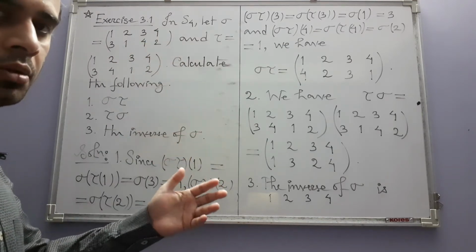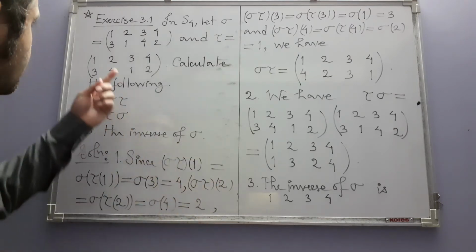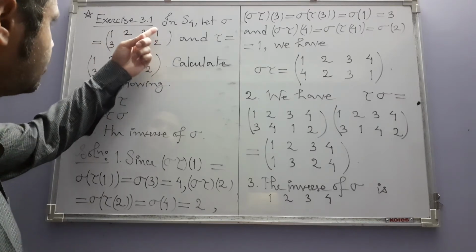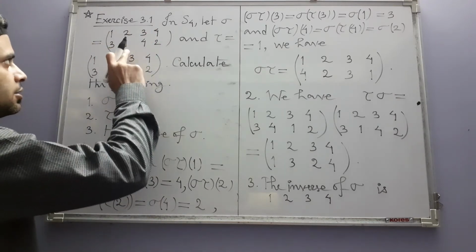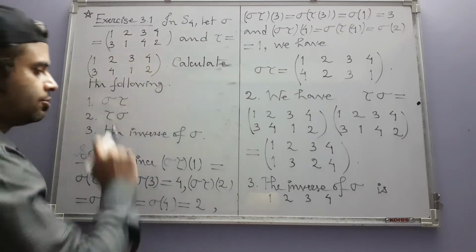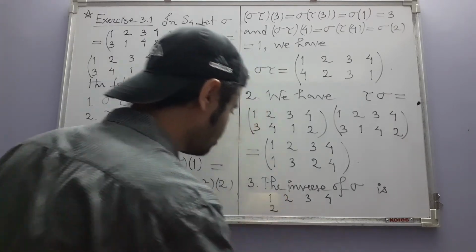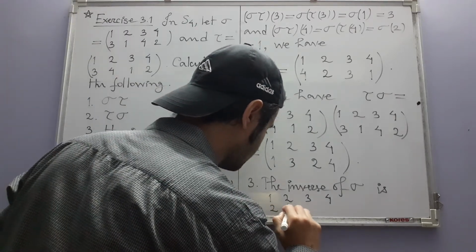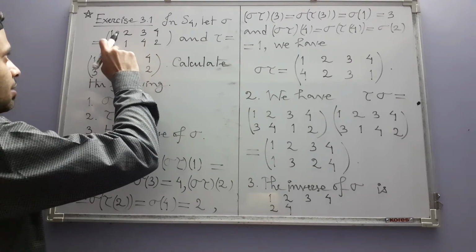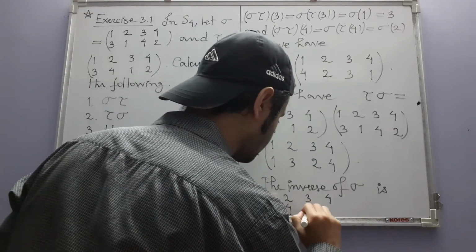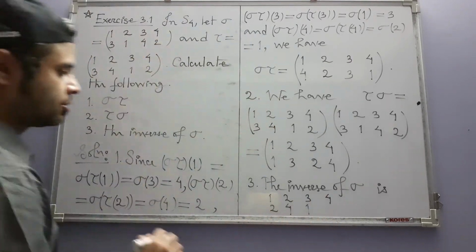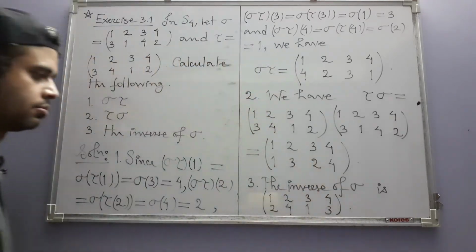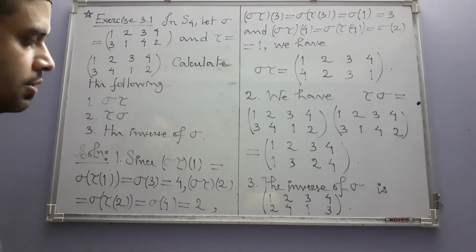The inverse of sigma will do just the opposite. It will map 3 to 1, 1 to 2, 4 to 3, and 2 to 4. So that means sigma inverse maps 1 to 2. Then it maps 2 to 4. And it maps 3 to 1 and 4 to 3. So that is the inverse of sigma.